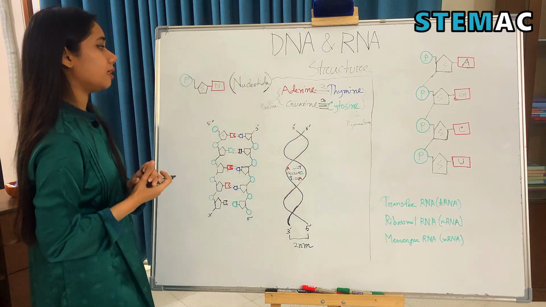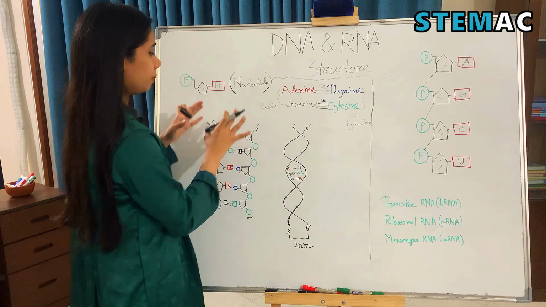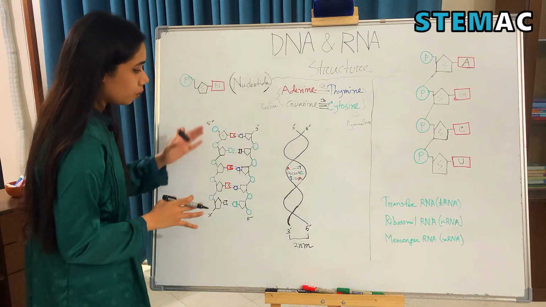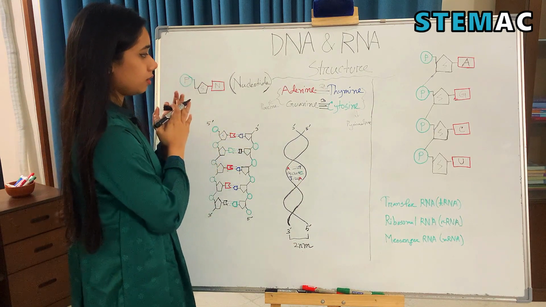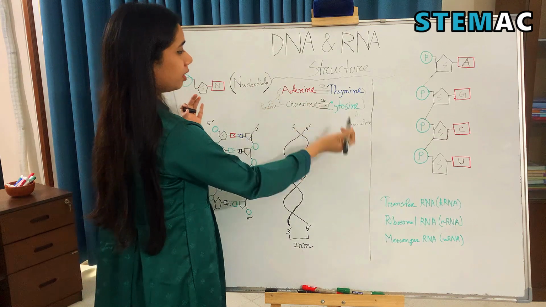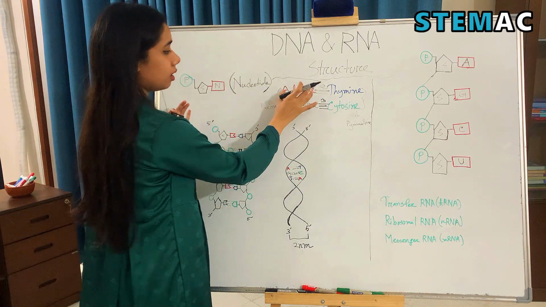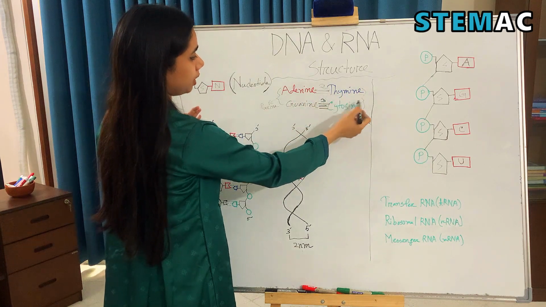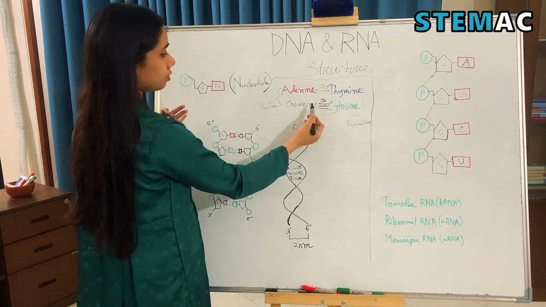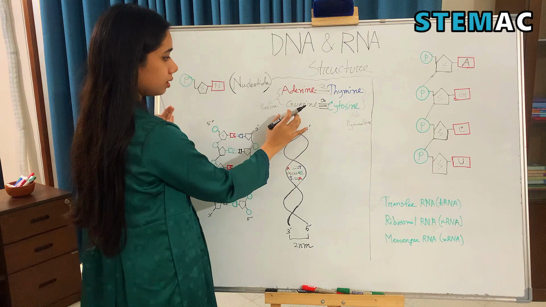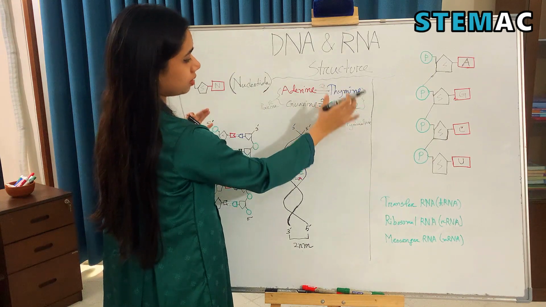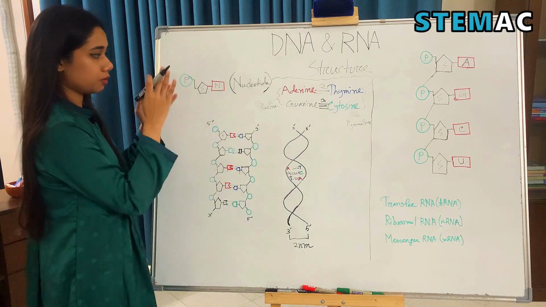So we can tell that to form a double helix structure we will need a purine and a complementary pyrimidine. Adenine is a purine, right? And its complement is thymine, which is a pyrimidine. And guanine, which is a purine, needs a complementary cytosine, which is a pyrimidine.